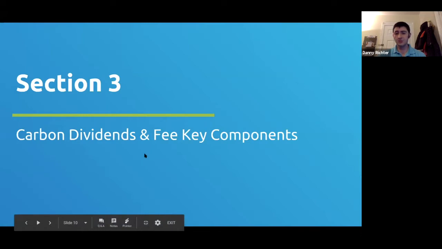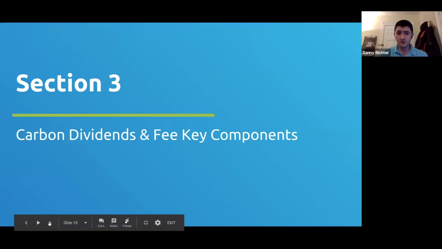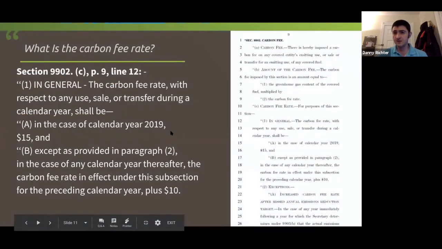Now, section 3, this is where you get into the real nitty-gritty of the bill. The parts that I want to highlight for you, the textual analysis, this is the first one, and this is the fee.